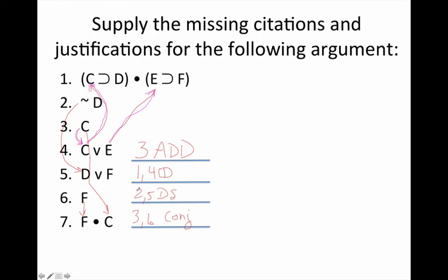Like the disjunctive syllogism move we just made. Then line 6 comes from 2 and 5 by disjunctive syllogism. And then lastly, we're going to use C again, conjoining it with F.